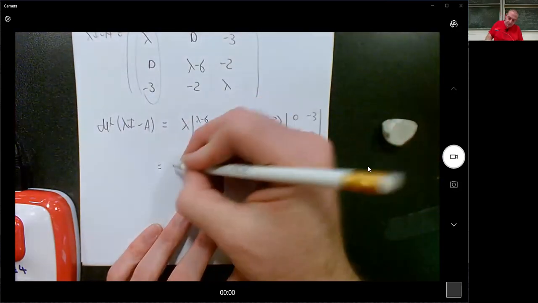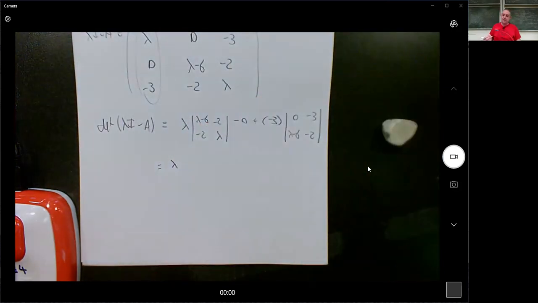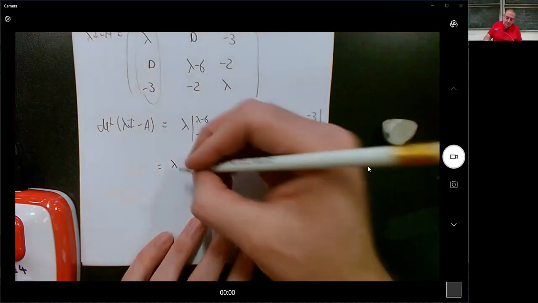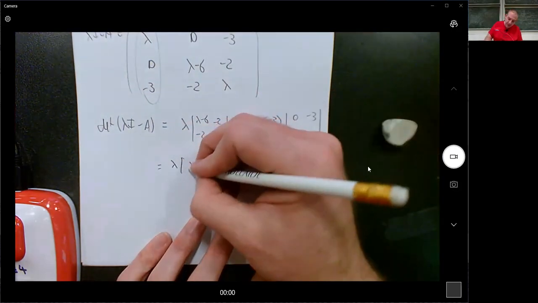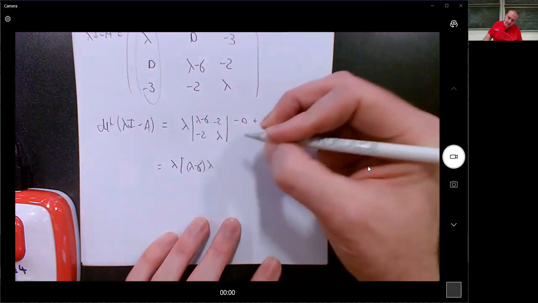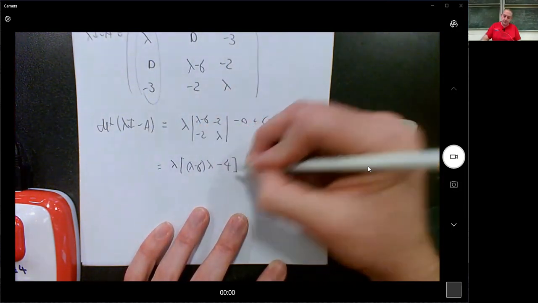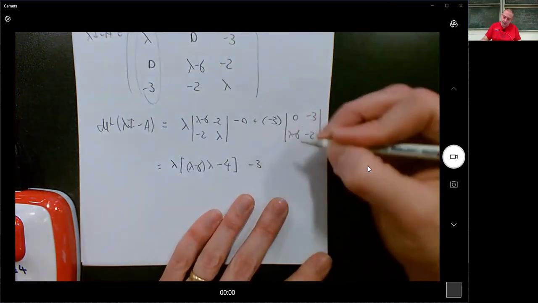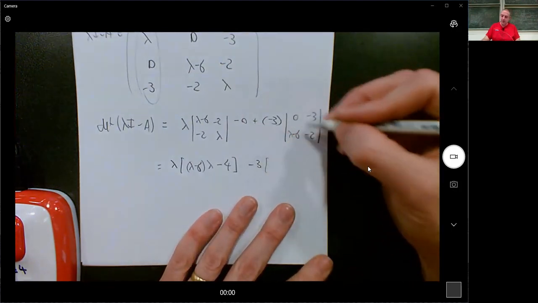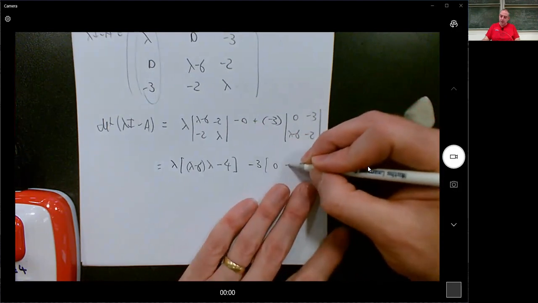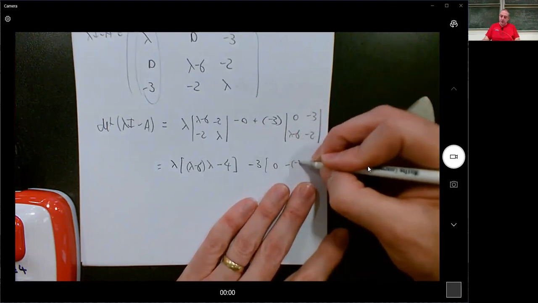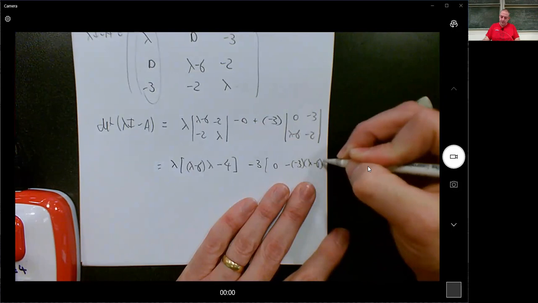All right. I don't like it. So I've got lambda minus 6 times lambda minus 2 times minus 2 is 4. And I've got 0 times minus 2 minus 3 times lambda minus 6.